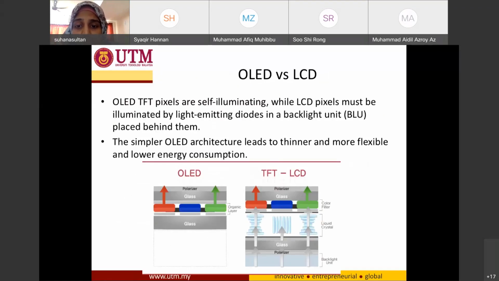An LCD requires backlighting, but an OLED doesn't need backlighting because the organic material itself is self-sustaining in emitting light, and it can also act as a switch at the same time. So there is no extra circuitry behind the OLED. That's why it becomes very popular in screen displays compared to liquid crystal displays.